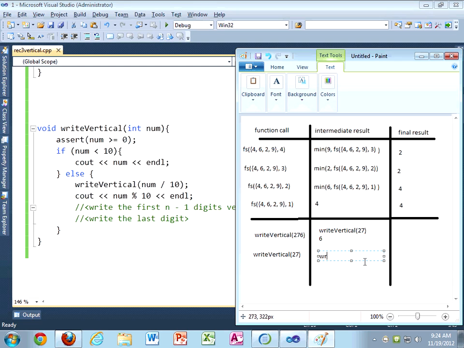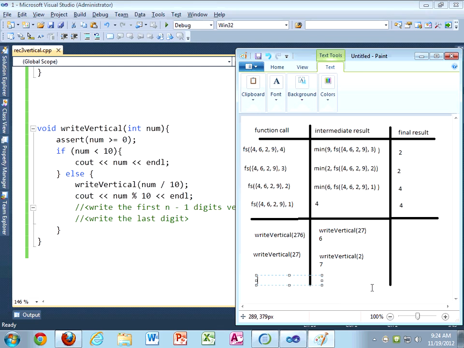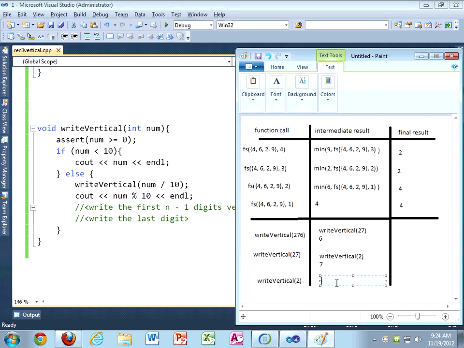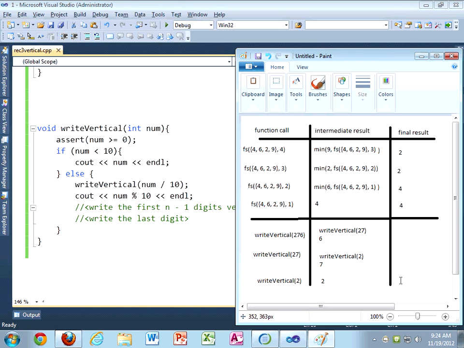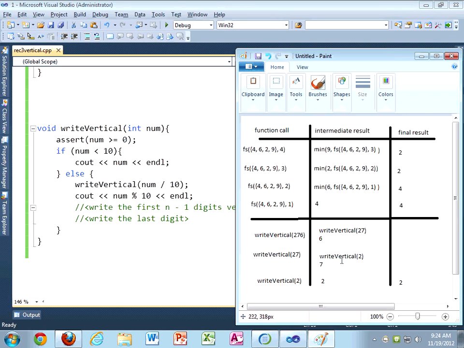Well, that's going to be right vertical of 2, and then underneath that we're going to write 7. So that means we need to know what the result of right vertical 2 is, and we know that the result of right vertical 2 is 2. So now we can do the final result, just 2.